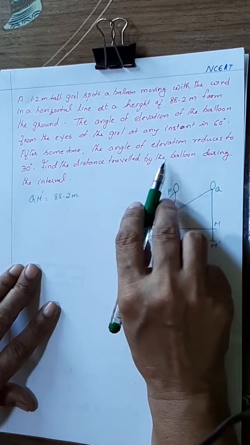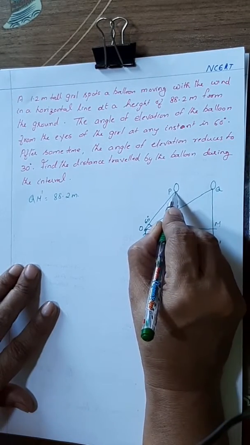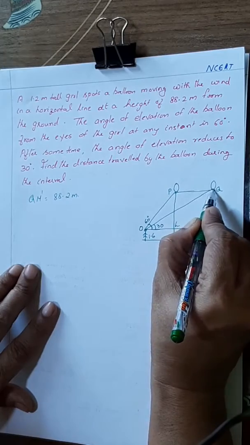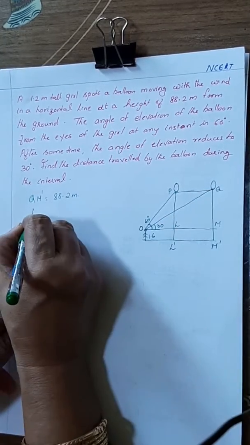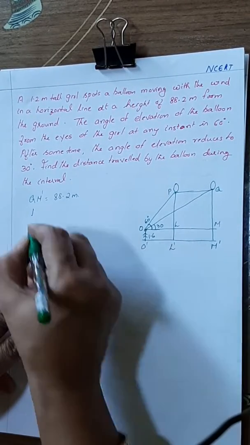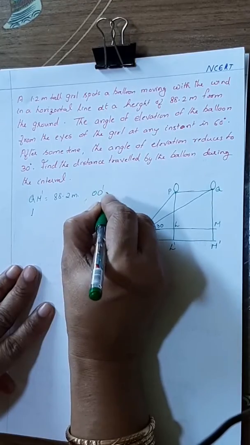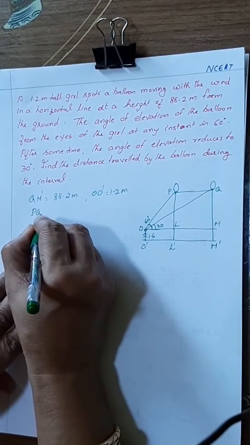Find the distance traveled by the balloon during the interval. Now we have to find this distance, that is distance PQ. OO dash is equal to 1.2 meters. Now we have to find PQ.